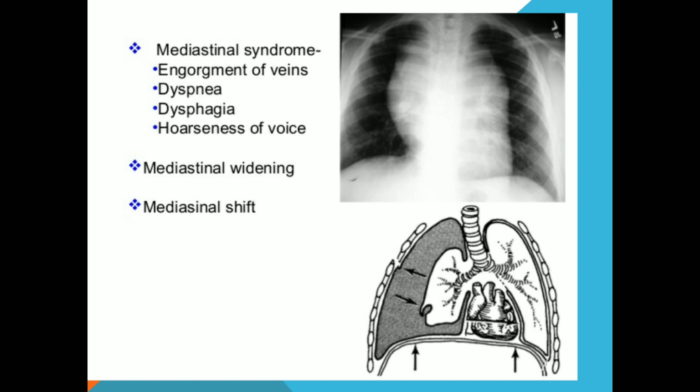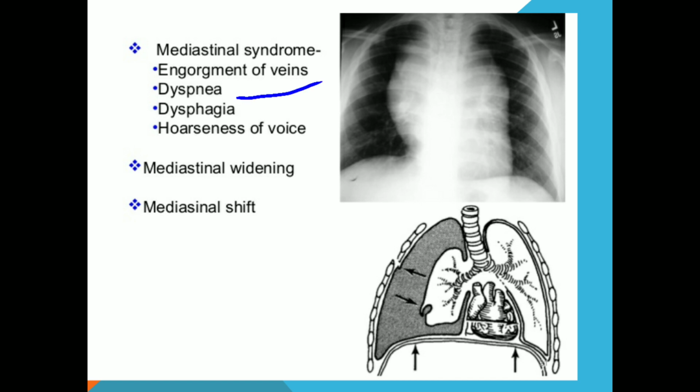Compression of structures by a tumor may lead to pressure on the structures in the mediastinum. So when a tumor occurs, it may lead to pressure on the structures present in the mediastinum. Imagine if there is an increase, that will lead to compression. If there is compression of the trachea, it will lead to dyspnea.